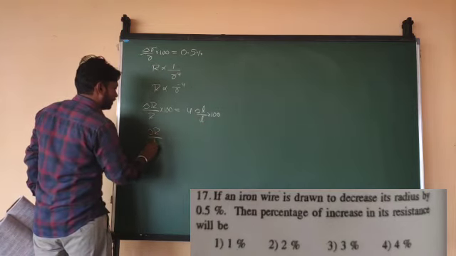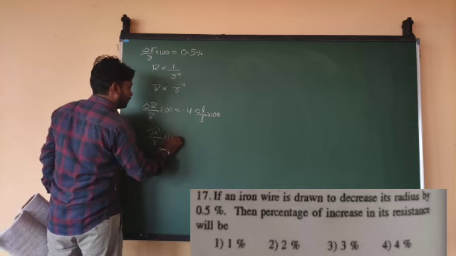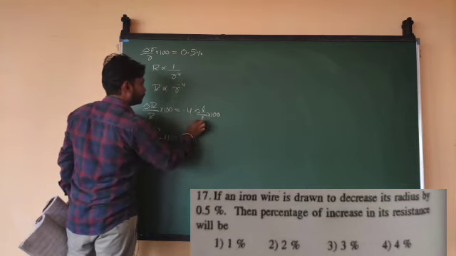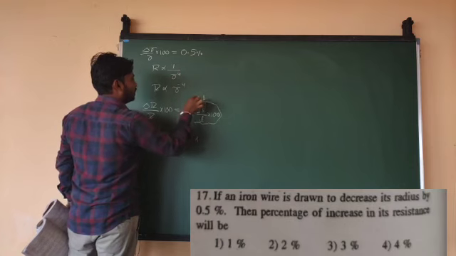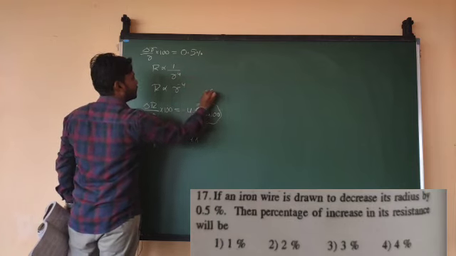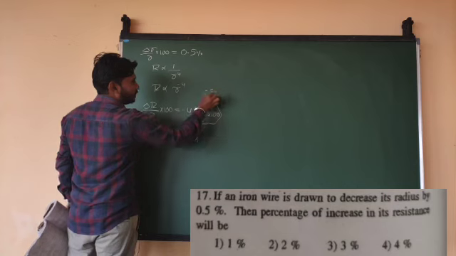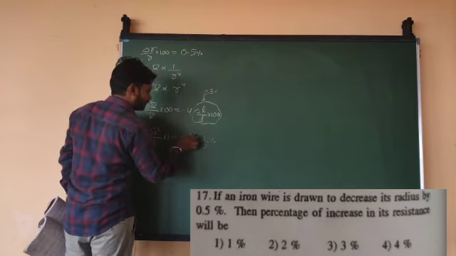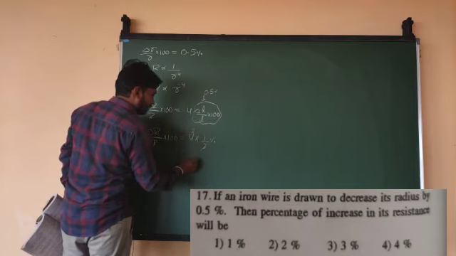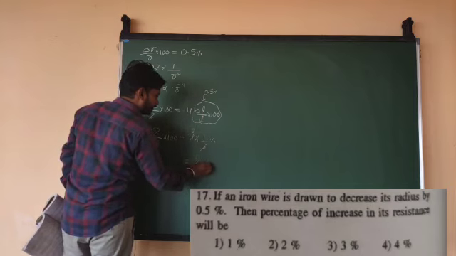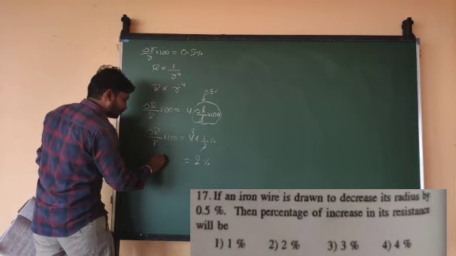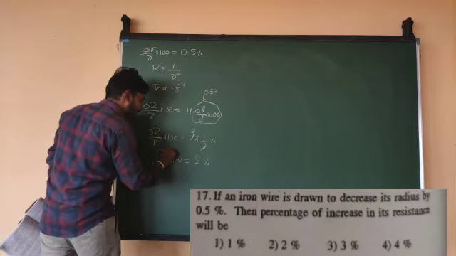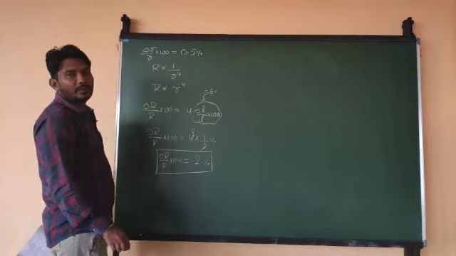So similarly delta R by R into 100 is equal to 4 into delta r by r, so what's the value? 0.5. So 0.5 is nothing but half, 1 by 2 percentage. So how much percentage will the resistance increase here? Delta R by R into 100, so this will be 2%. So hope you understand this one.